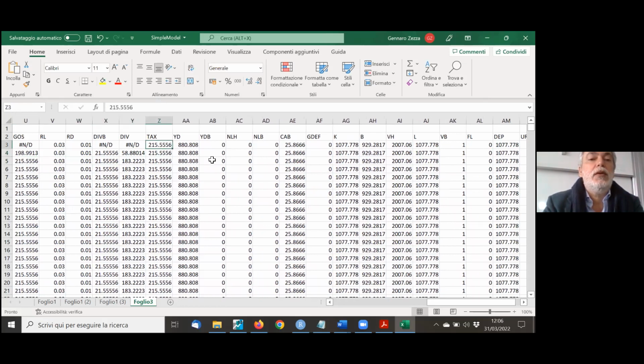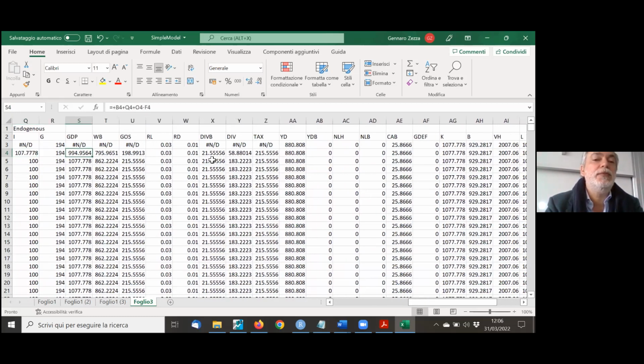The taxes are messy. Anyway, I'm not going to do this for everything. I just wanted to show you the procedure.